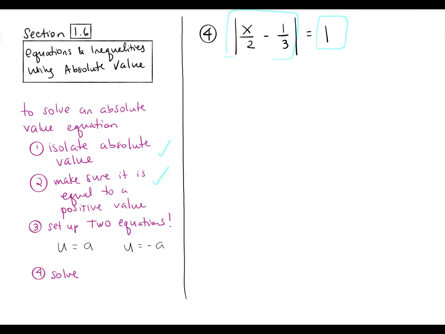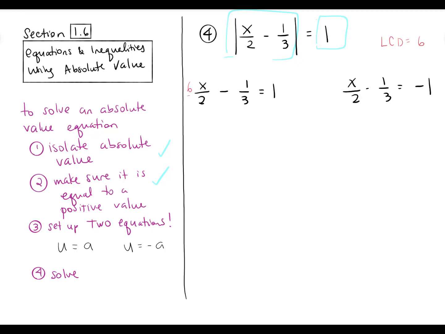I'm going to set up my 2 equations, and I'm going to say x over 2 minus 1/3 is equal to 1. And then my other equation, exactly the same on the left-hand side, but equal to negative 1 on the right-hand side. Once again, to get rid of a fraction, I multiply the equations by the LCD. In this equation, that means multiply by 6.